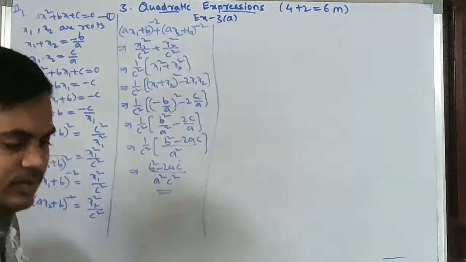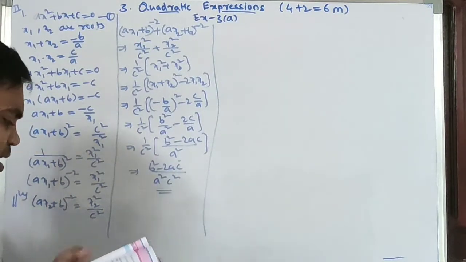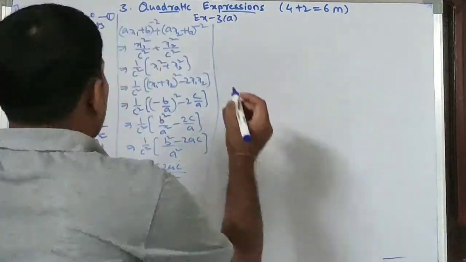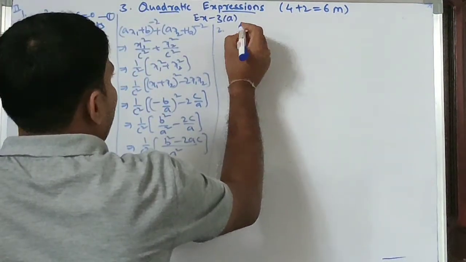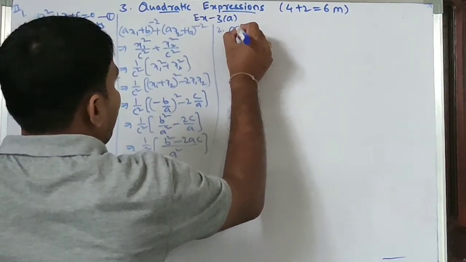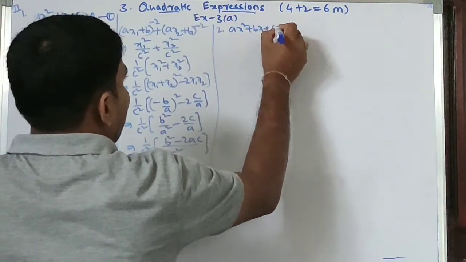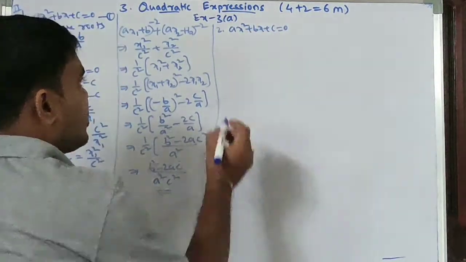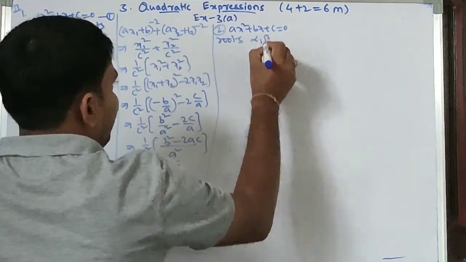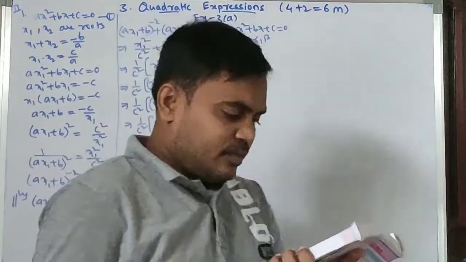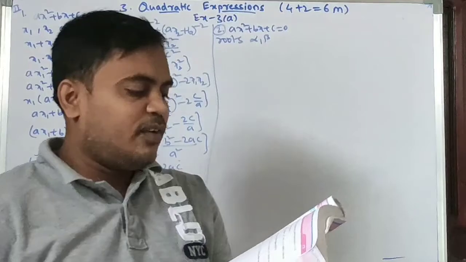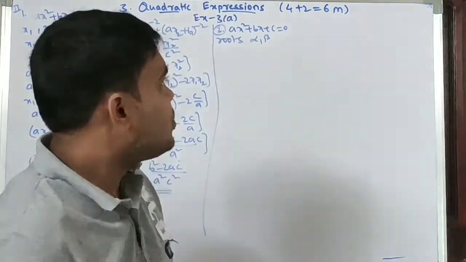Next question, second question. If alpha and beta are the roots of the quadratic equation ax² + bx + c = 0, then find the quadratic equation whose roots are alpha² + beta² and alpha^(-2) + beta^(-2).